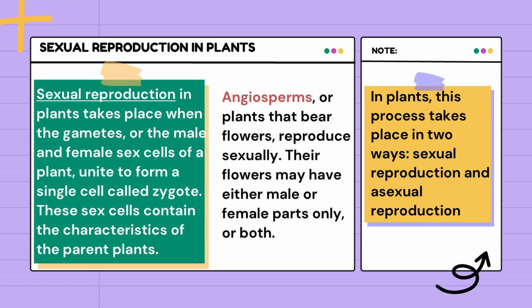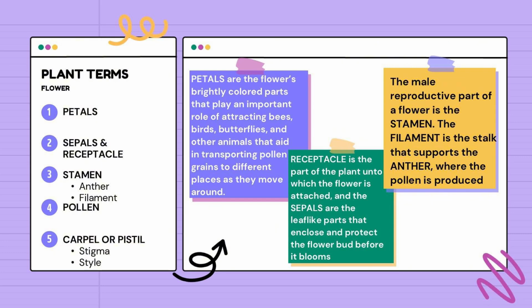Okay? In plants, this process takes place in two ways: sexual reproduction and asexual reproduction. So, sa mga plants po pala, hindi lang siya asexually nagre-reproduce, even sexually. Okay? So, look at these terms for the plants.